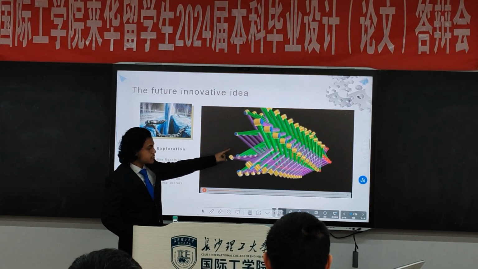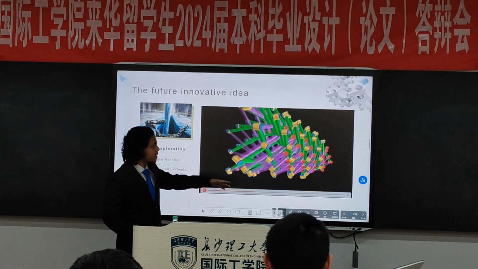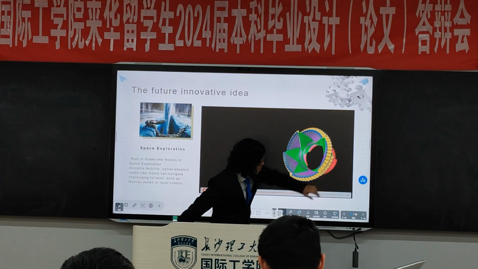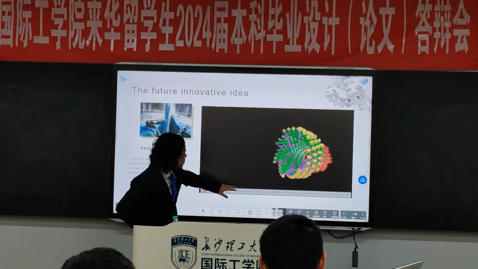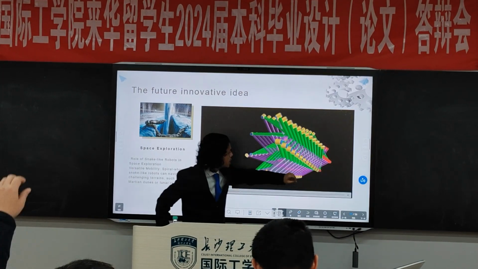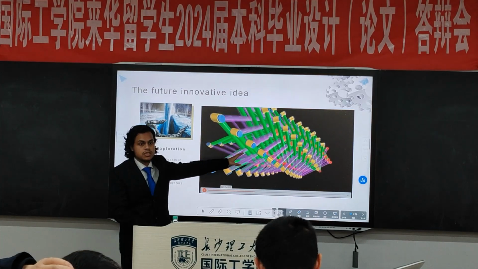So my idea is, if in future I implement this kind of innovative idea, you can see there are 1, 2, 3, 4, more than 4 or 5 connections here with the helical design.